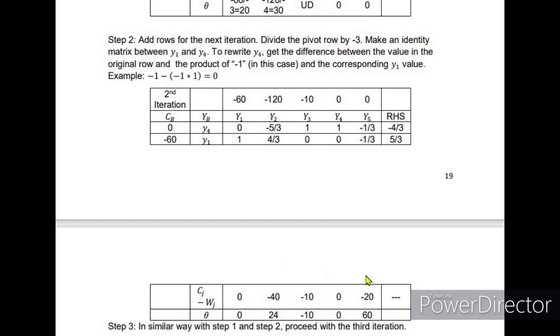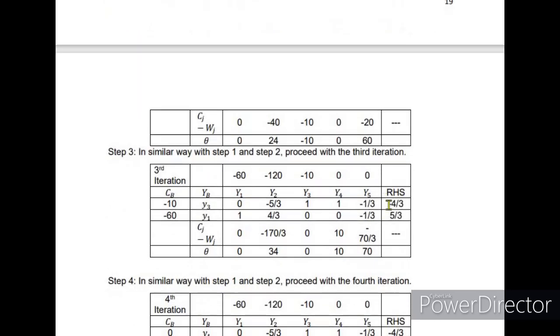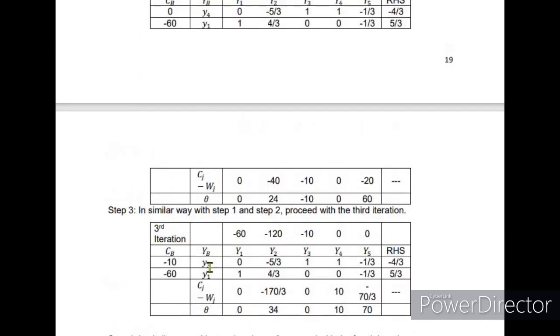So now we will choose the column with the least value. What is the least value here? The least value is negative 10. So we will enter y sub 3. It will replace our chosen row, which is y sub 4. So that's why in the next iteration, y sub 3 replaces y sub 4.